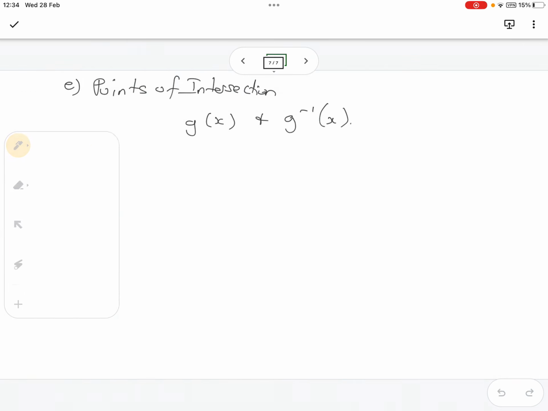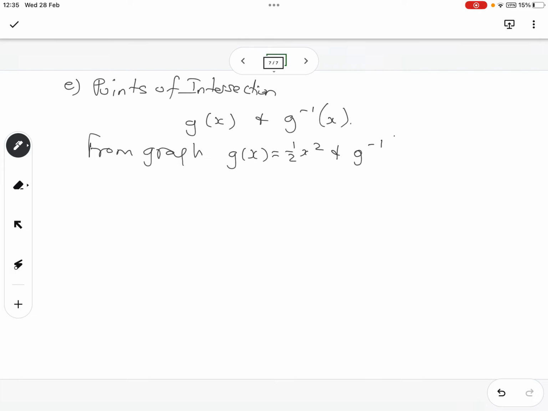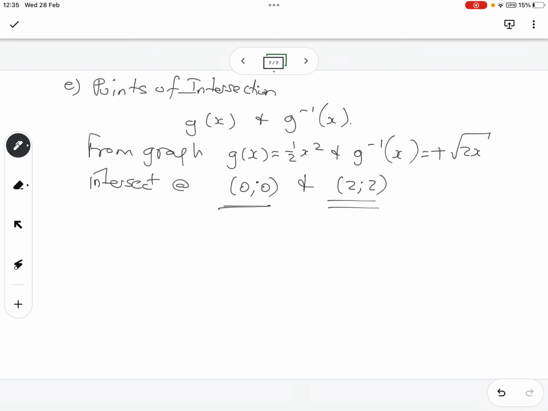All right, so we know from the graph that g of x is a half x squared and g inverse of x is the positive square root of 2x intersect at the points 0, 0 and 2, 2. And those are the correct answers.